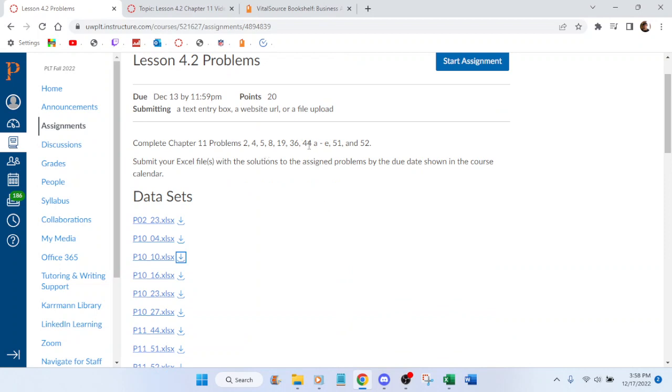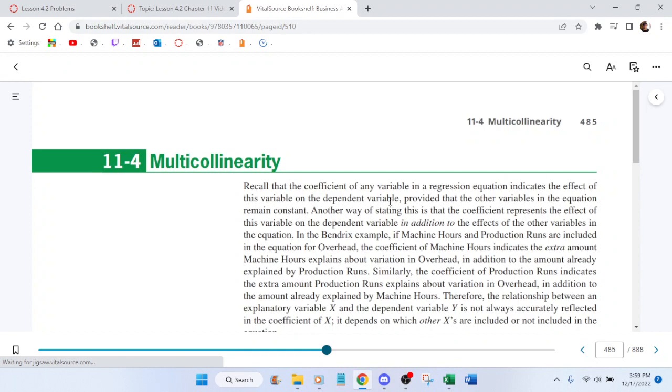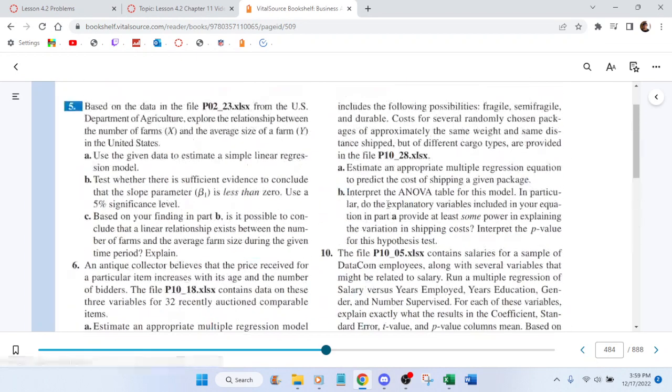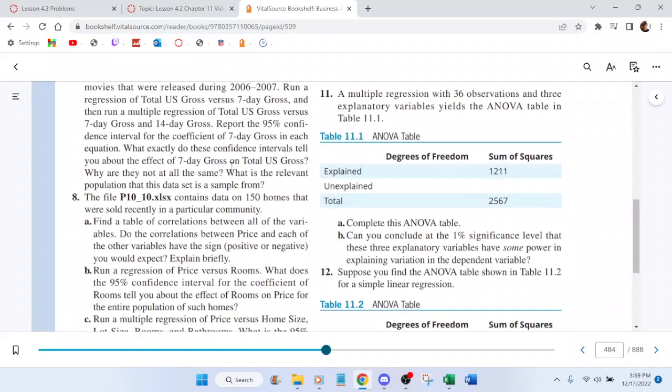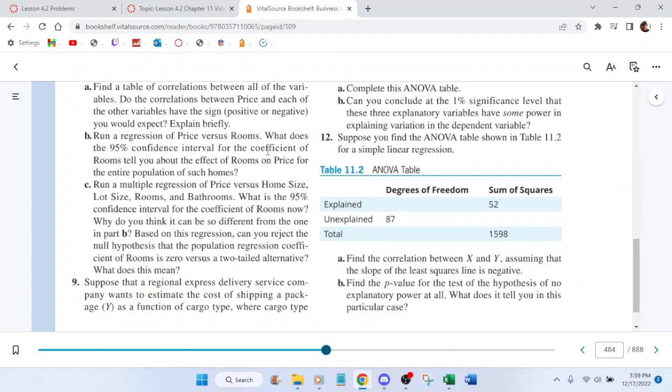Right, 1, 2, 3, 4, 5. 5 more questions. 5 more. Dude, what the heck? Why are they asking you that question there if they haven't even covered multicollinearity yet? The heck?